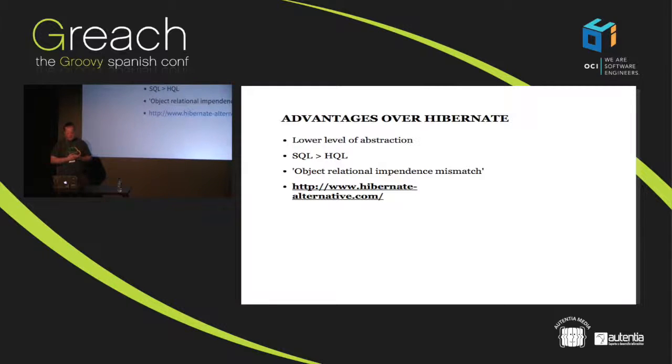So have people heard of the object relational impedance mismatch? This is a term that essentially means that you're taking an object and mapping that to a relational database, which by definition doesn't have an object model, and that when you do that, there's something lost in that translation.